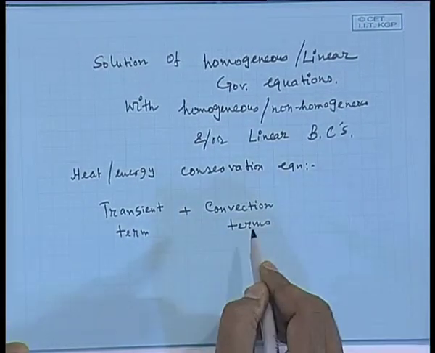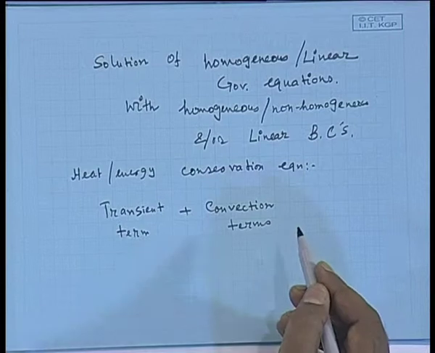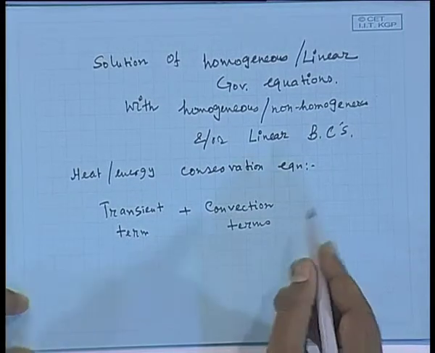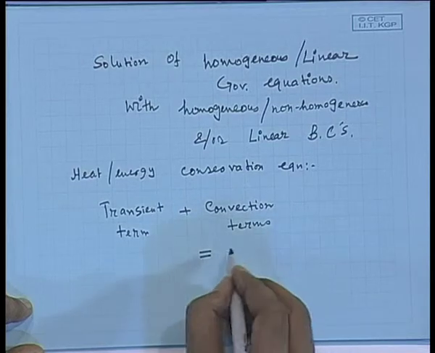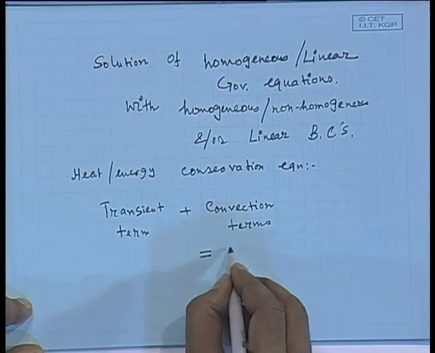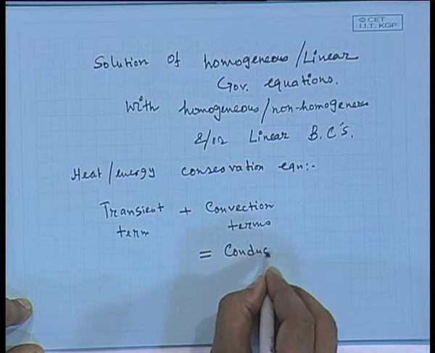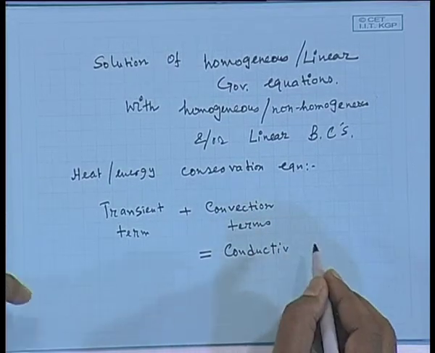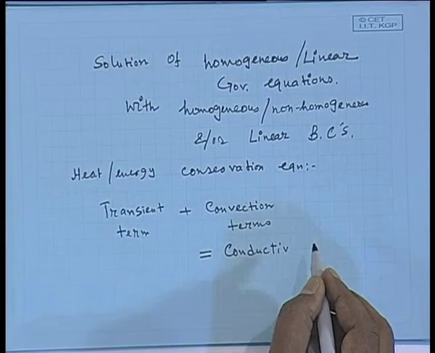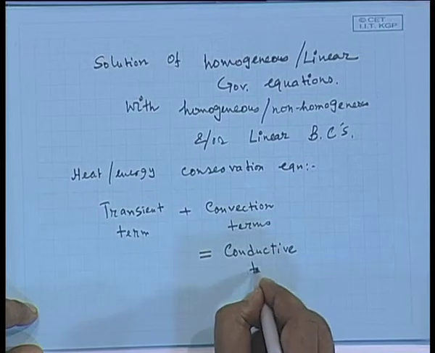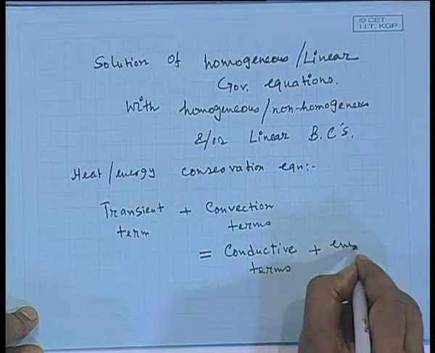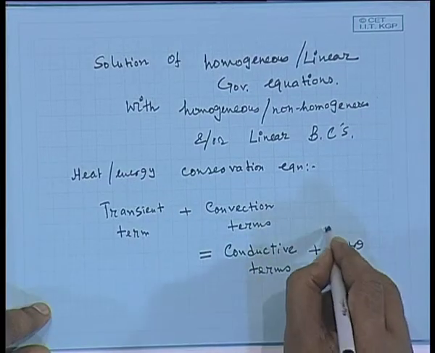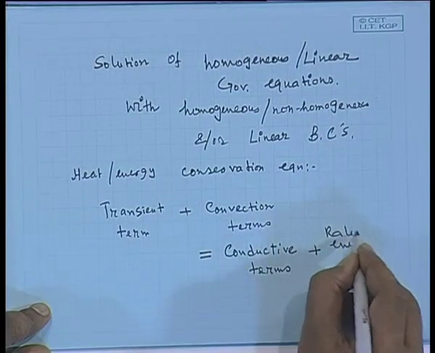Whatever we have done till now are basically pure conduction problems. Convective terms are not there, and this is equal to your conductive terms, that means k del square T del x square sort of things, plus the energy generation rate, or energy generation or dissipation terms.